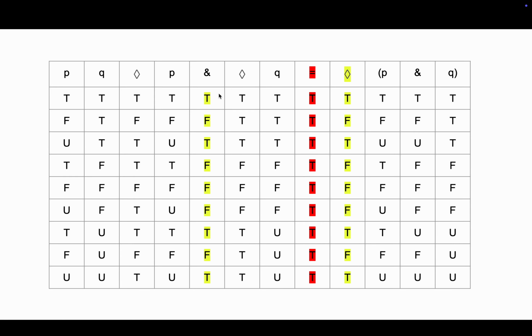And because the left-hand branch and the right-hand branch are exactly the same, the equivalence will be true for all cases of P and Q. There are going to be 9 cases because ternary logic has 3 to the power of 2 different output patterns. So we have proven that this is a tautology, and we do not want to accept this as a tautology. We do not want this statement to be true for every single case of P and Q.